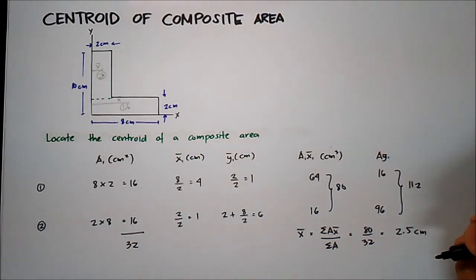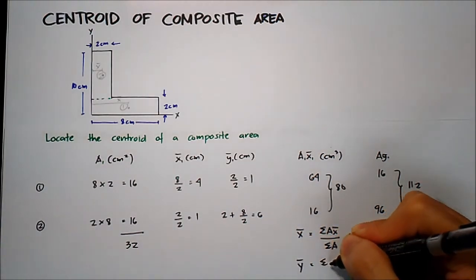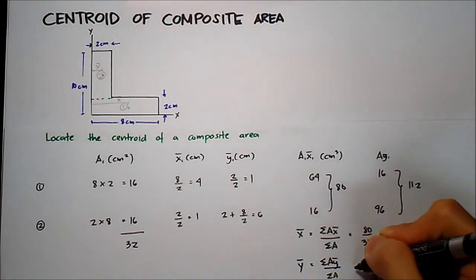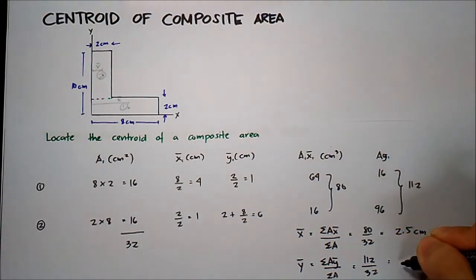So the location of the x bar, or the centroid of the composite area with respect to the y-axis, is 2.5, and y bar is also equal to 112 divided by 32, which is equal to 3.5 cm.